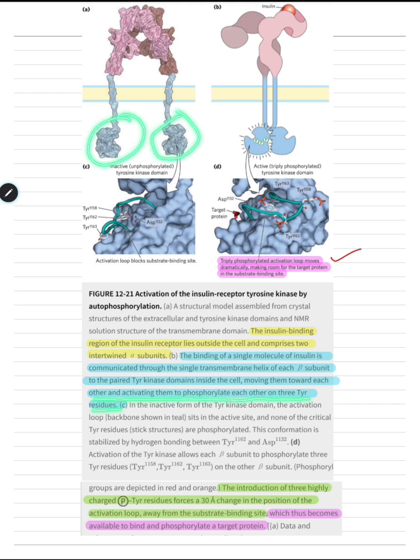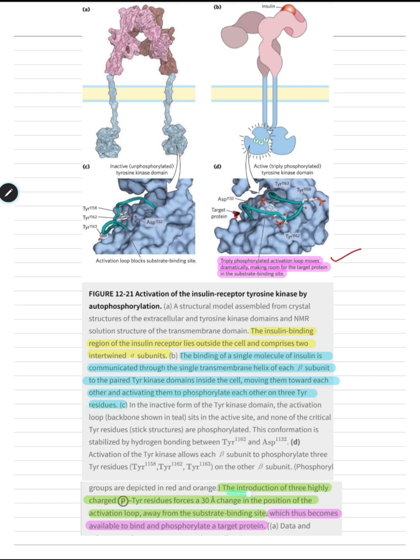These tyrosine kinase domains were apart, but binding of insulin causes them to come together and activates them to phosphorylate each other on 3 tyrosine residues.